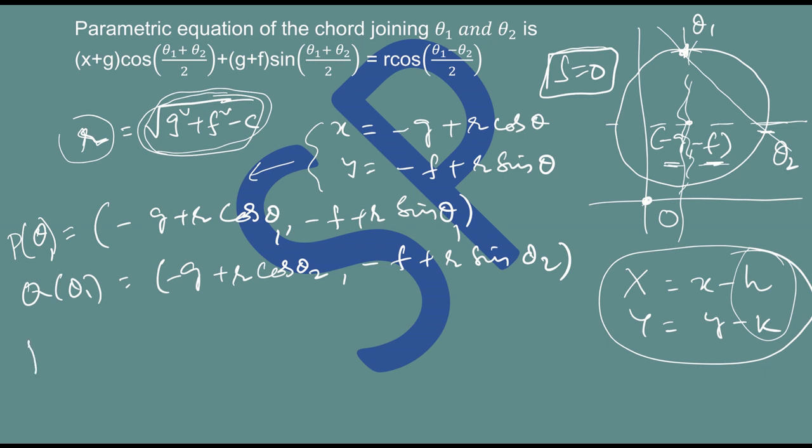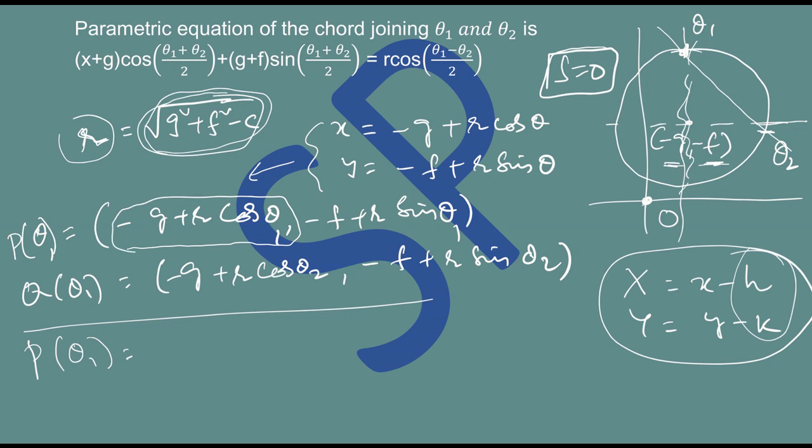Therefore, the new coordinates of P in the new system: small x, and you have to subtract h from that. h is nothing but minus g.